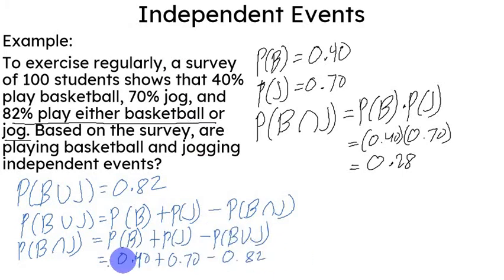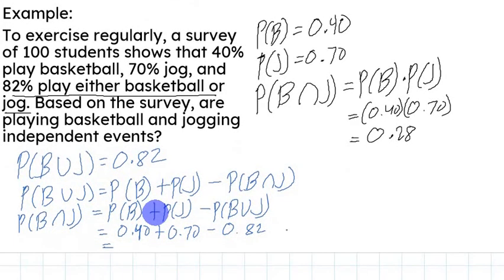This will give us 0.4 plus 0.7, that would be 1.1. Wait, let's scroll that down a bit. There you go. 1.1 minus 0.82, which would be equal to 0.28. And as you can see, it matches here.